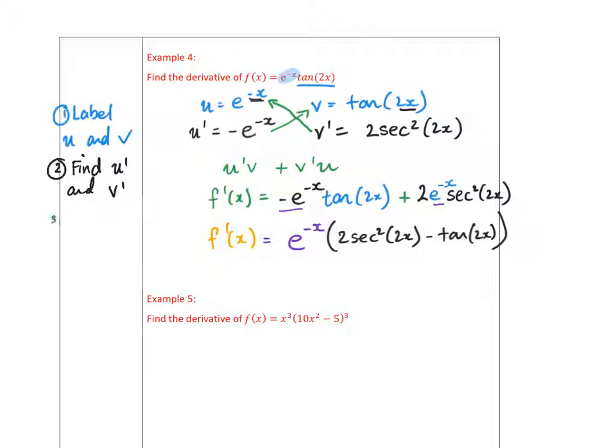We sub that into our formula, which is on the back of the formula sheet. It doesn't need to be memorised, but an easy way to remember that would be just u dash v plus v dash u. And we finally simplify, take out any common factors. So we'll see if we can use this same strategy for our next example.